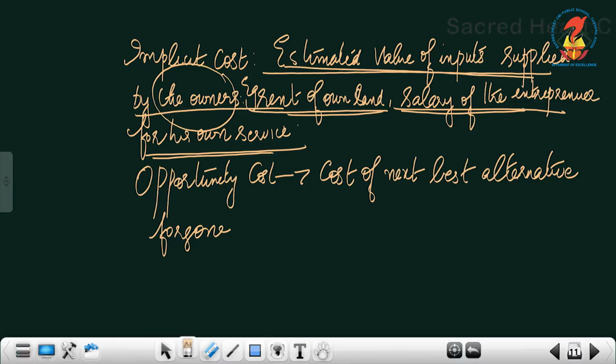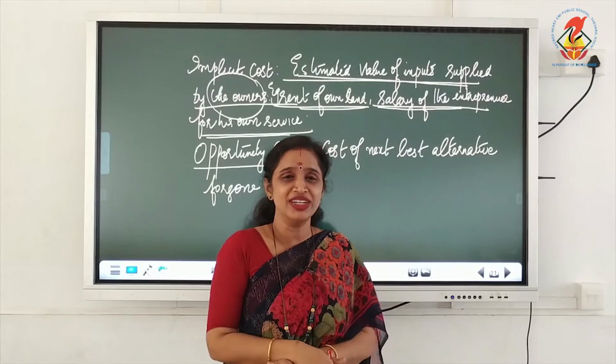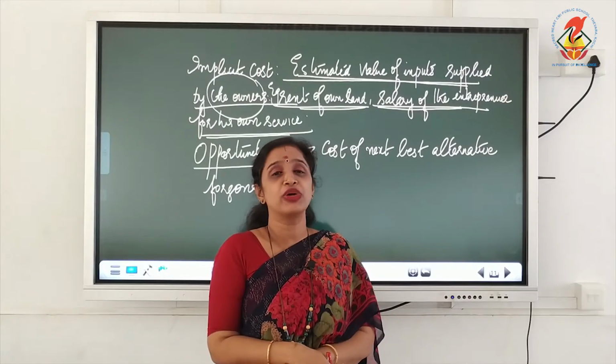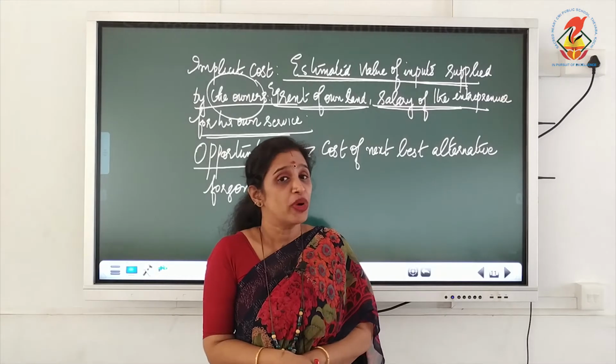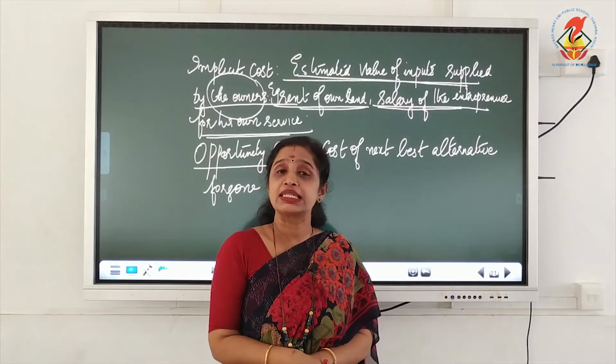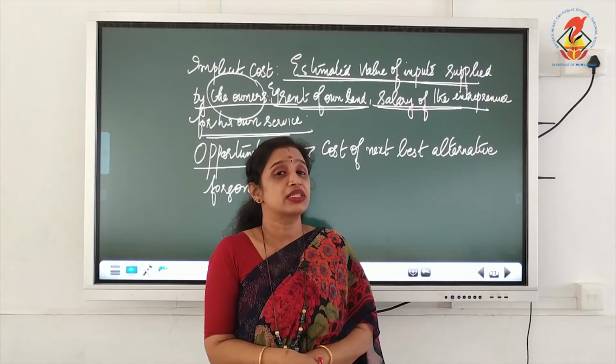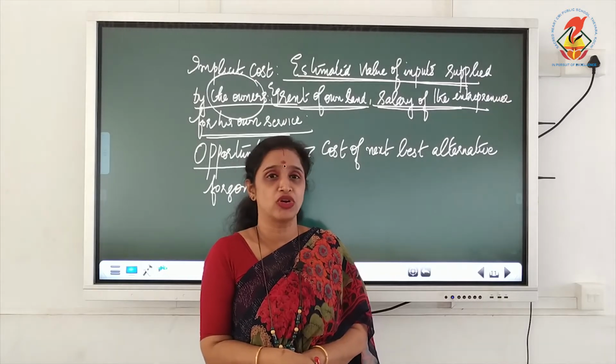The next one is opportunity cost. What is meant by opportunity cost? You have learned this in the first chapter of microeconomics, in the introduction. What is opportunity cost? You can recollect it. It is the cost of the next best alternative forgone.